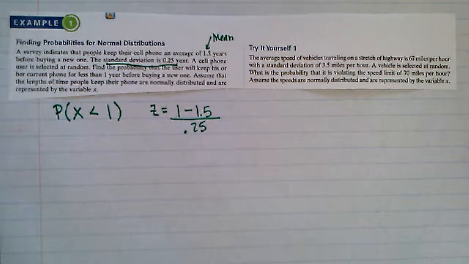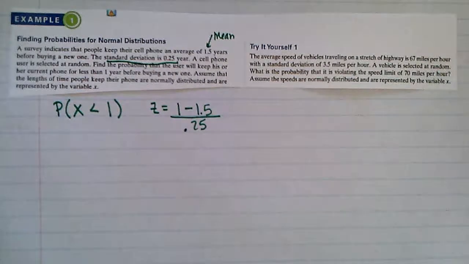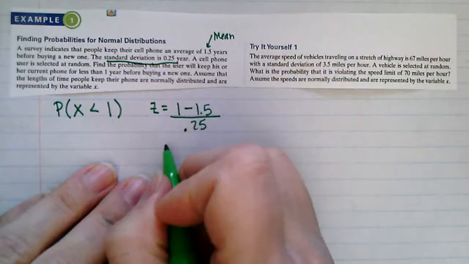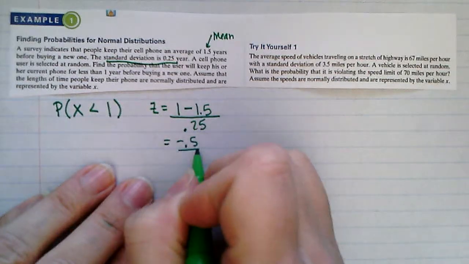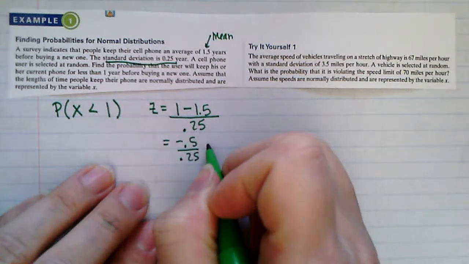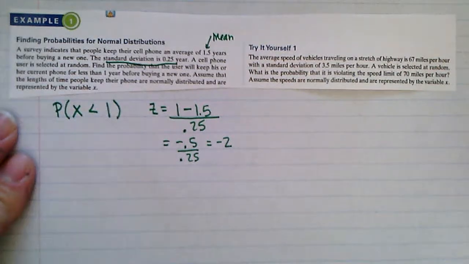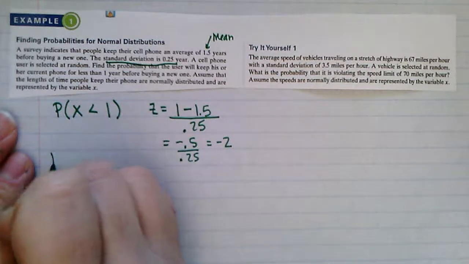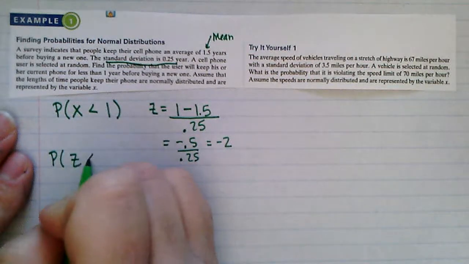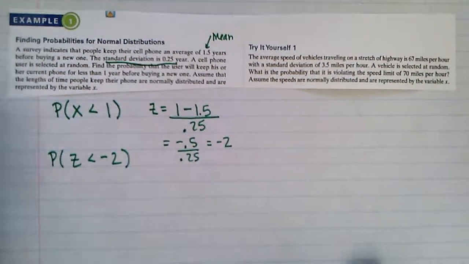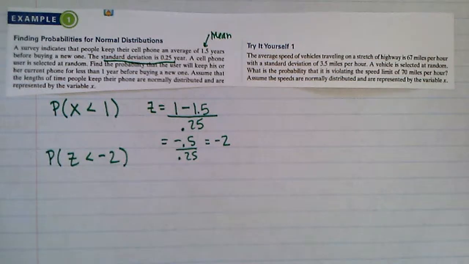So I need to put that in my calculator. I'm going to do 1 minus 1.5, which is negative 0.5, divided by 0.25, gives me a z-score of negative 2. So finding the probability that x is less than 1 is going to be the same thing as finding the probability that I have a z-score that is less than negative 2.